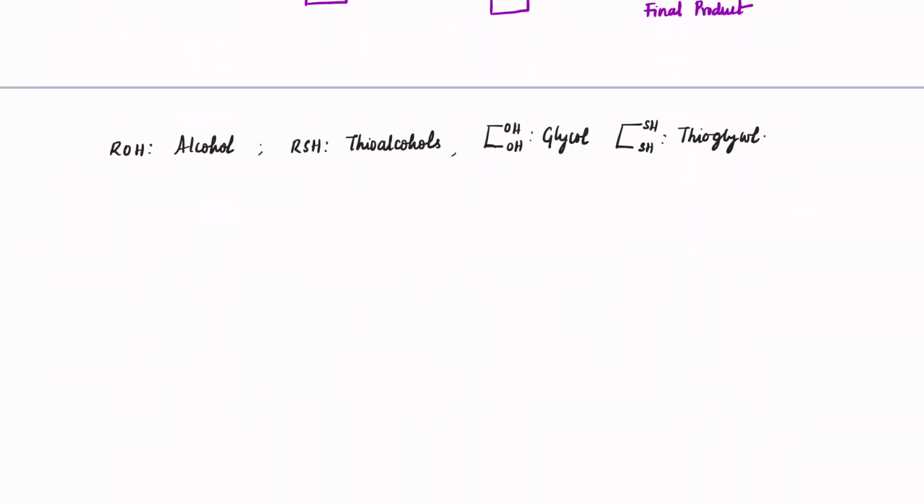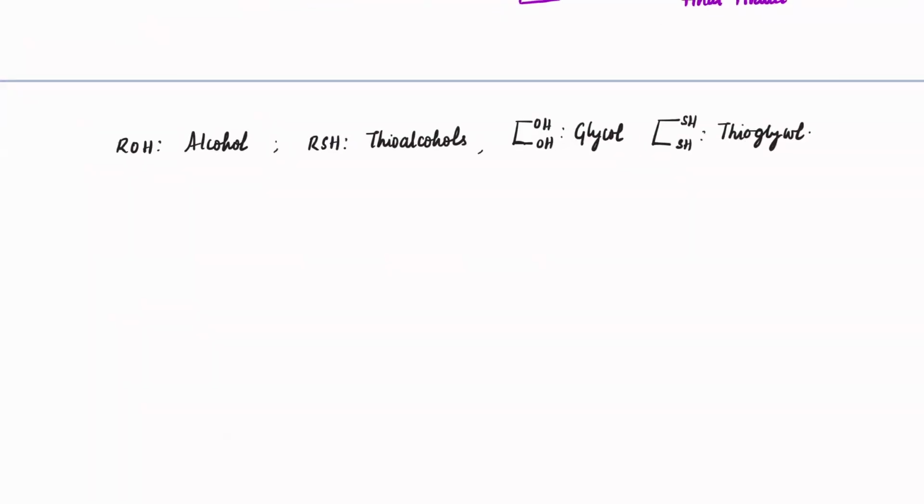See, next. If ROH is alcohol, then RSH is thioalcohol. If this is glycol, then the SH form is thioglycol. So now we are trying to perform a similar reaction with thioglycols. For example, if you have an aldehyde RCHO and thioglycol in the presence of dry HCl, you'll have a very similar reaction, giving a cyclic form.